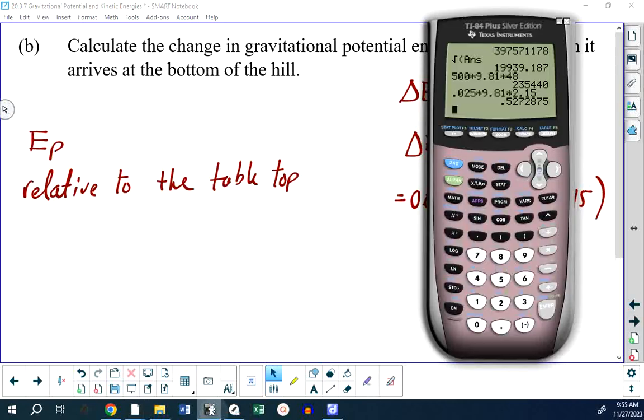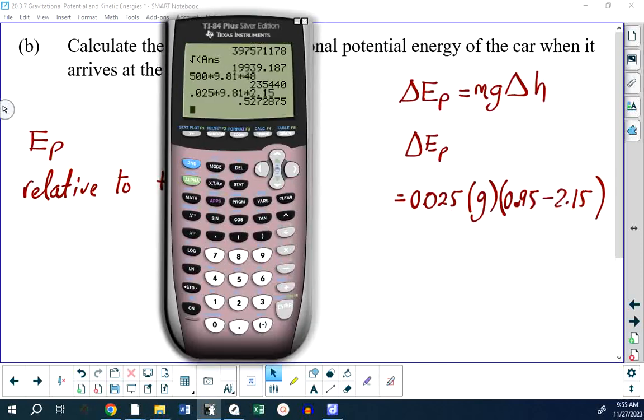Let's work out what this is. And again, I'm sticking to the strict rule that delta means final minus initial. Okay, that's what I'm doing.